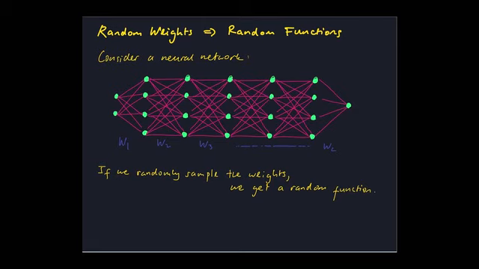What we can do is sample the weight matrices randomly, and the neural network gives me a function. I write that function down, then I resample the weight matrices and get a new random function, and I write that down. I keep sampling the weight matrices over and over, and it gives me a distribution over functions. I can ask, what is that distribution? What properties does it have?